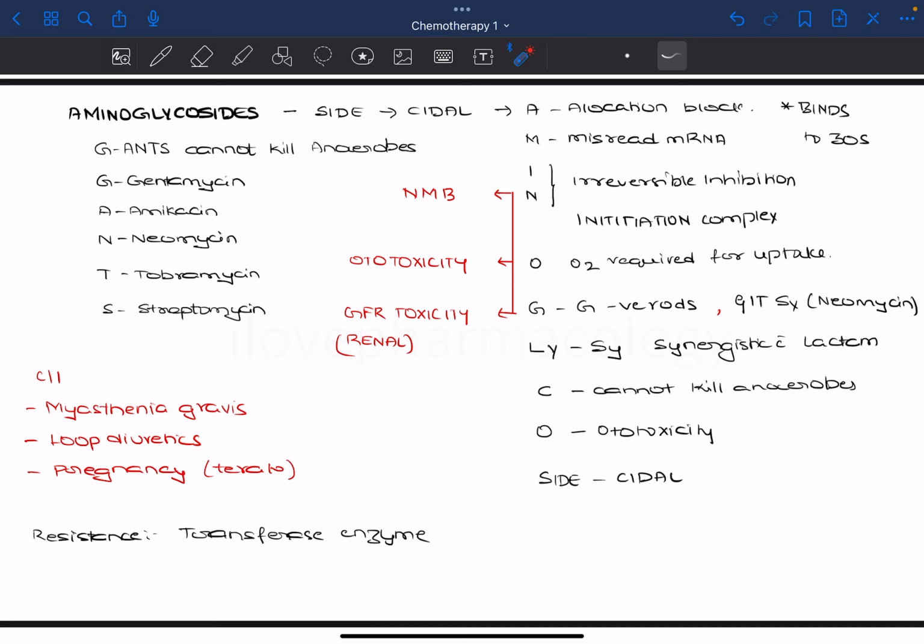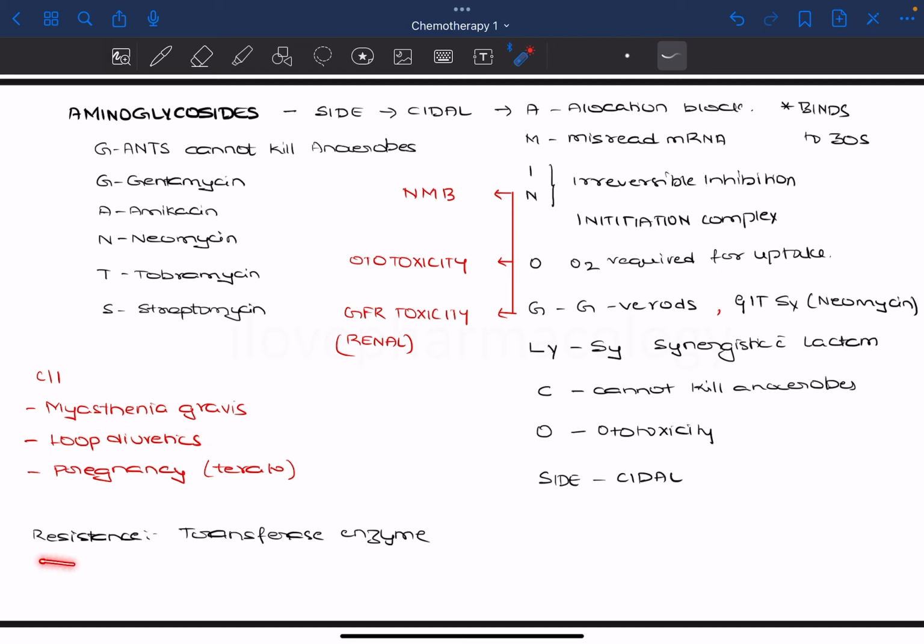Since it causes neuromuscular blocking, it is contraindicated in myasthenia gravis. And since it causes ototoxicity, they should not be used in combination with loop diuretics, as loop diuretics also cause ototoxicity. And in pregnancy, they are contraindicated because of the teratogenic effect.